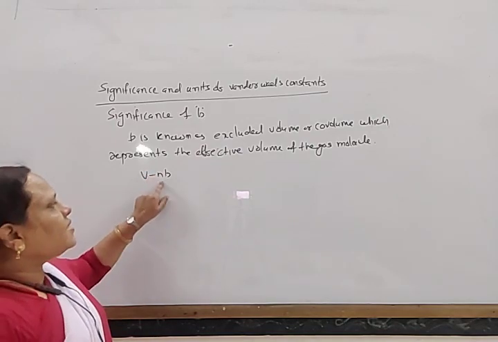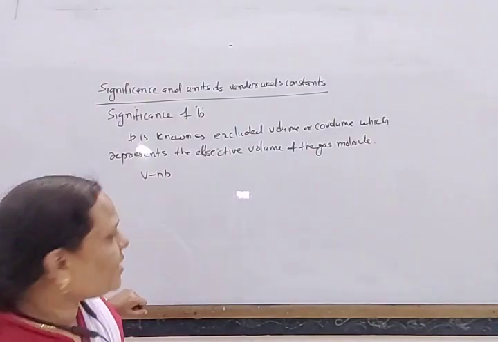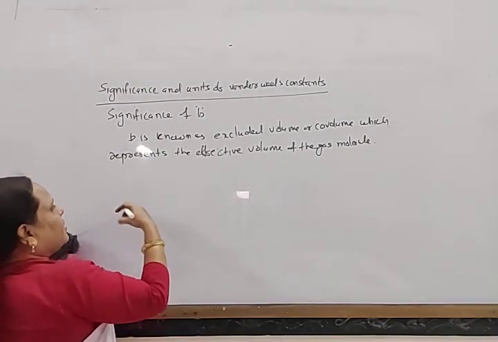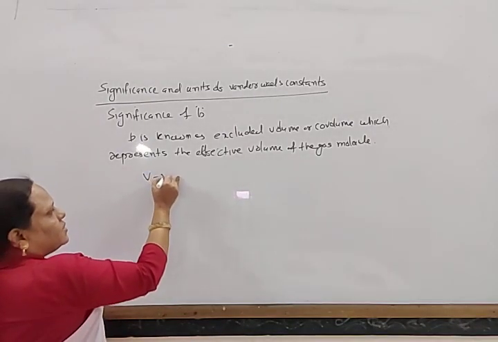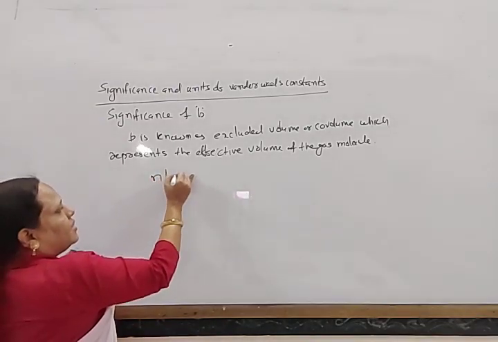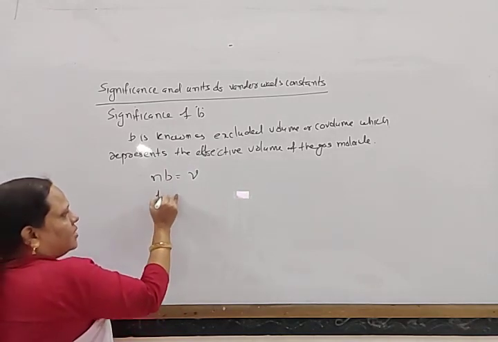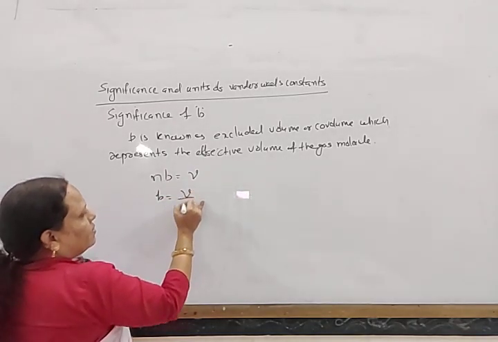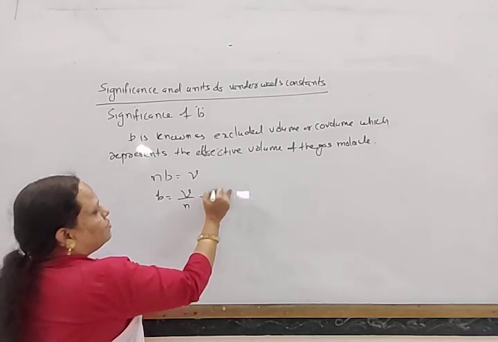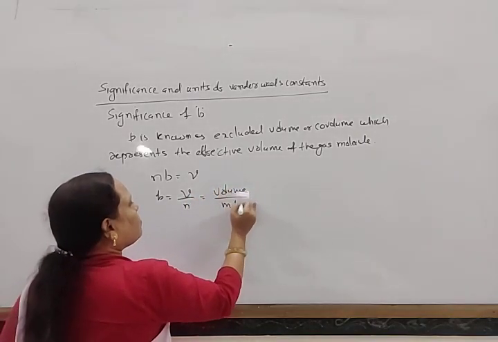So nb is a volume term. So we can write nb is equal to small v, or b is equal to small v by n, that is volume by mole.